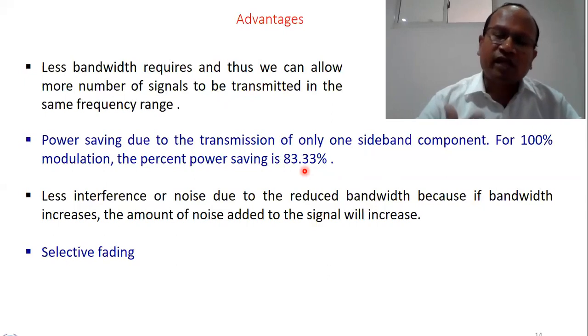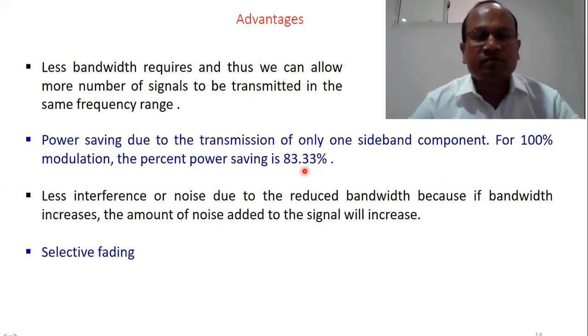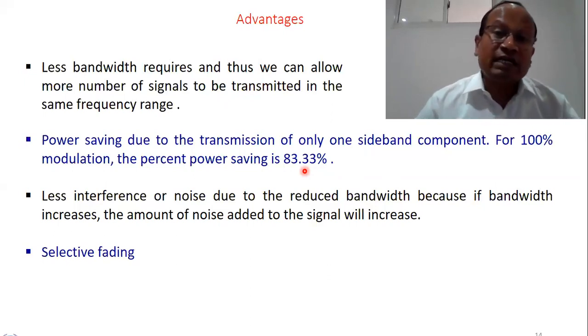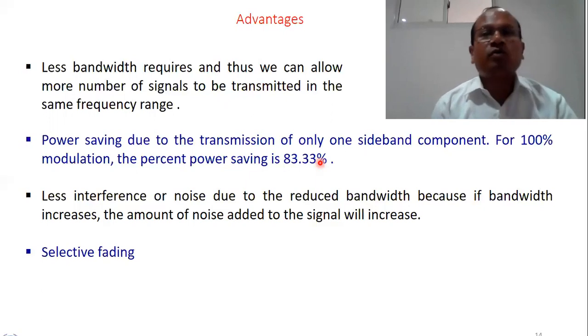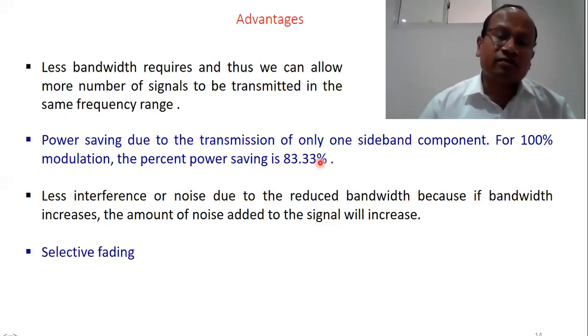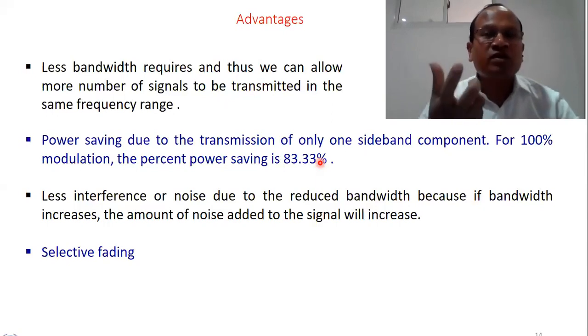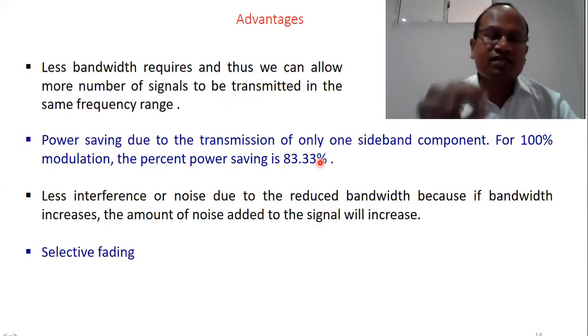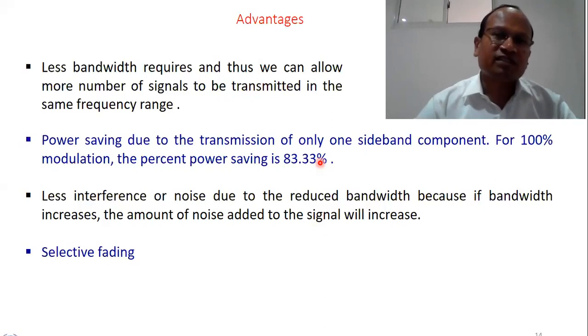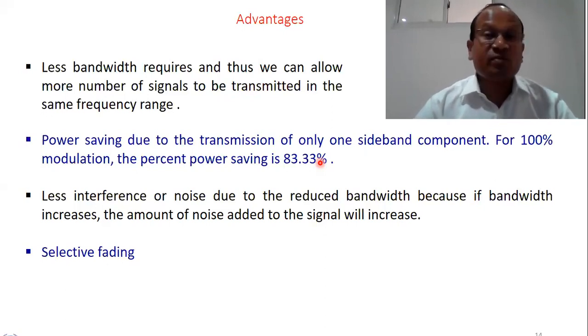The power required with respect to total power is only 16.67%. Only 16.67% of total power is required when we are transmitting only one sideband. The remaining power is saved.